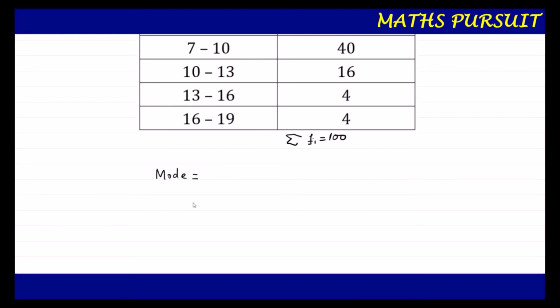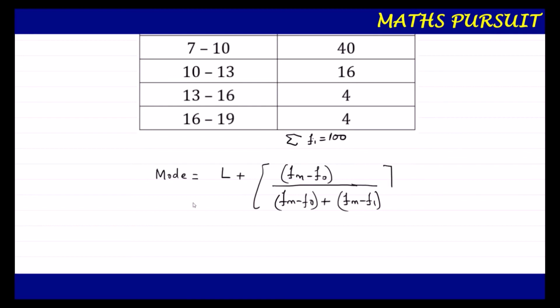The formula for mode is equal to L plus, where L is the lower class limit, (Fm minus F0) upon (Fm minus F0) plus (Fm minus F1), into the class height. This is the formula for mode.